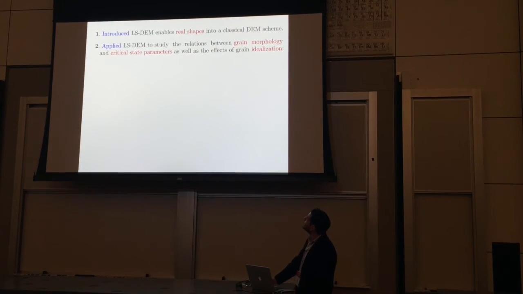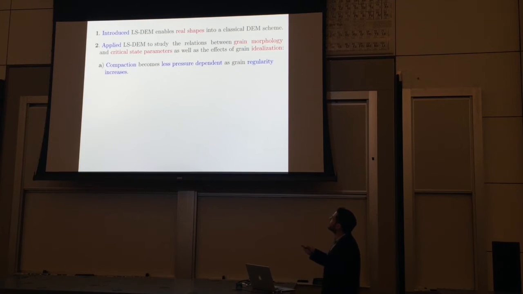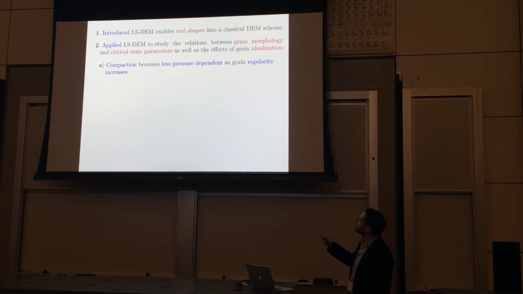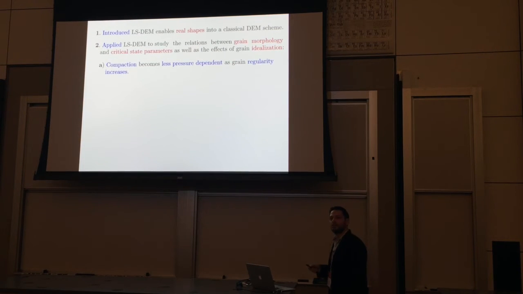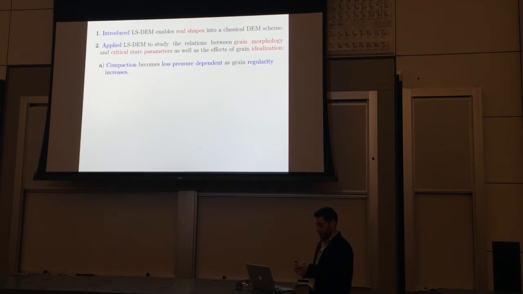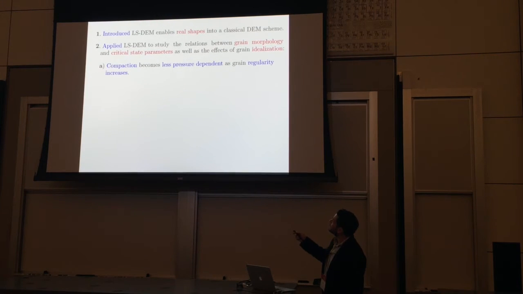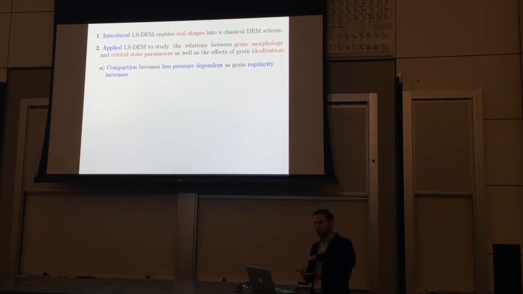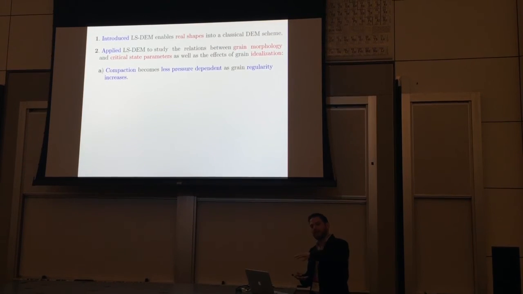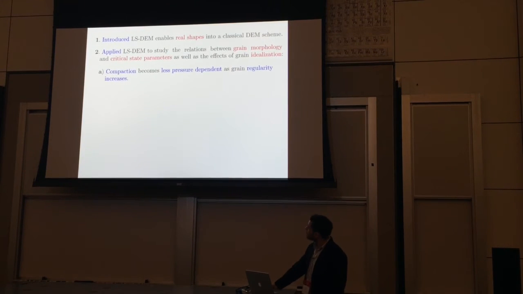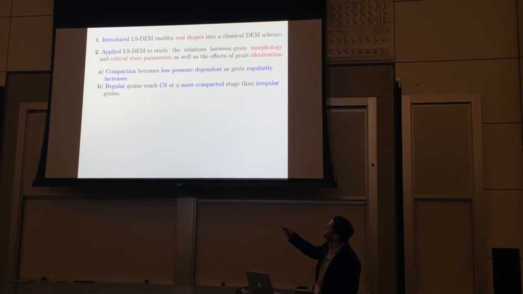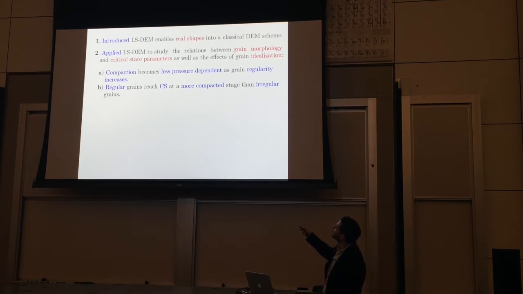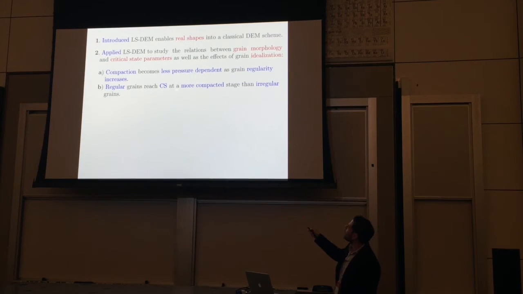From there, we know that, for instance, compaction becomes less pressure dependent as grain regularity increases. So the more regular a grain is, the less pressure dependent it is in order to have the packing reach a compact state. As a consequence, point B: regular grains reach critical state at a more compact stage than irregular grains.